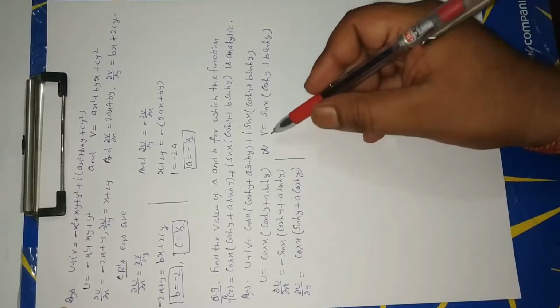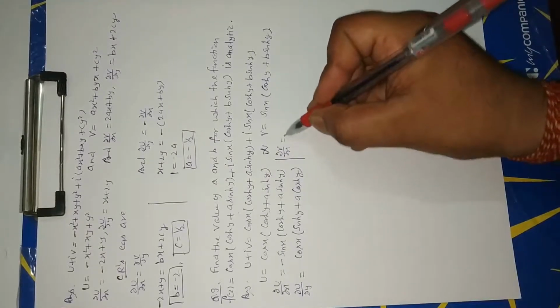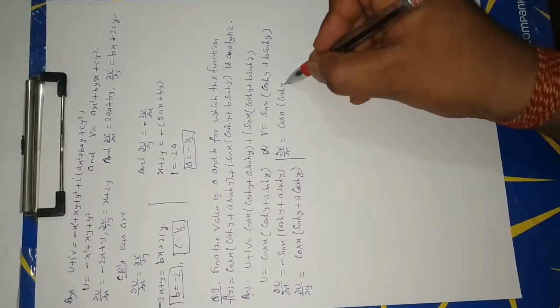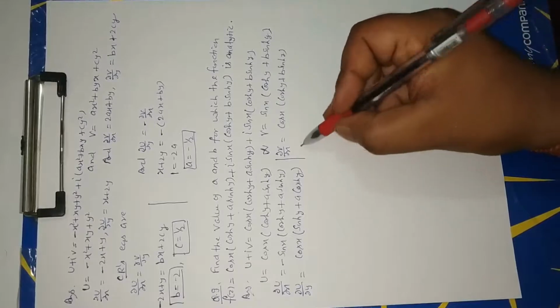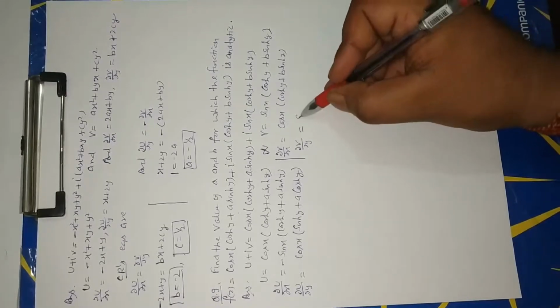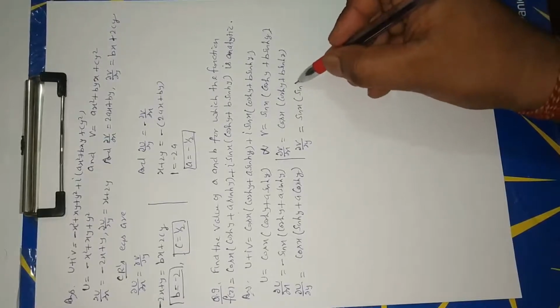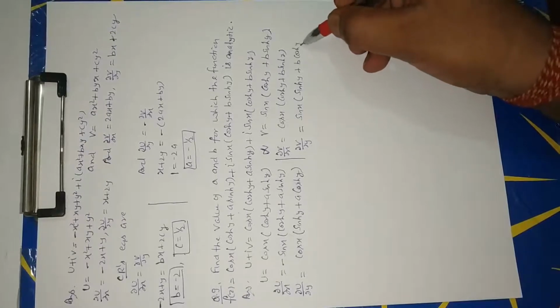Similarly, we calculate the partial derivative with respect to x of v, that is del v upon del x, which is cos x (cosh y plus b sinh y), and with respect to y of v, which is sin x (sinh y plus b cosh y).